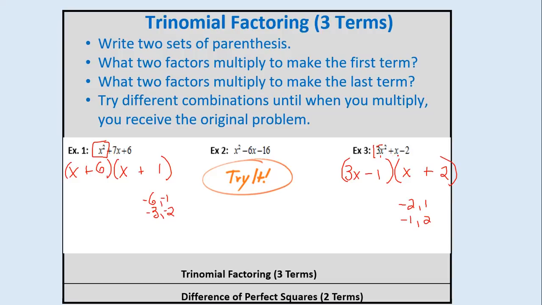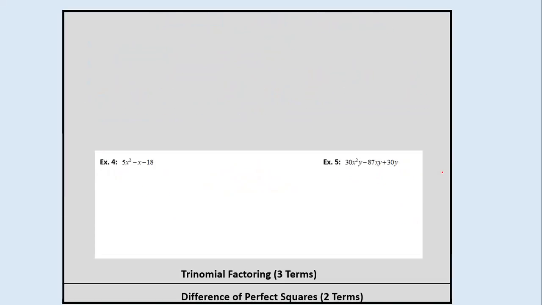That would be a 5x, not the middle term that we wanted, right? So that's why I couldn't have used the -1 and 2. When I remultiply out, because that's all you're doing is factoring, is just undoing multiplication, we need to make sure we get the original back. Let's try 2 more.